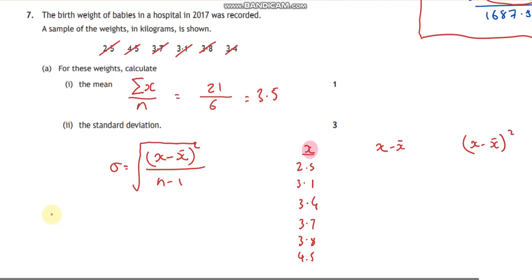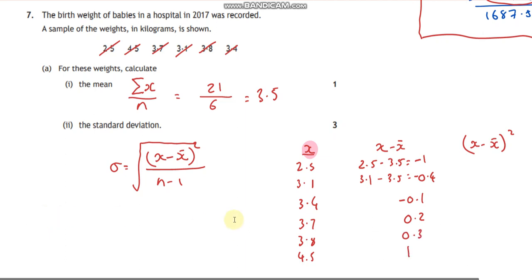You could write 2.5 take away 3.5, and each time 3.1 take away 3.5, you can do that if you want, but you don't have to. So I'll just show the sum for those two, just to show you it. But for the rest, I'm not going to do it. So that's negative 0.1, and then it changes, doesn't it? Now you get positive 0.2, 0.3, and 1.